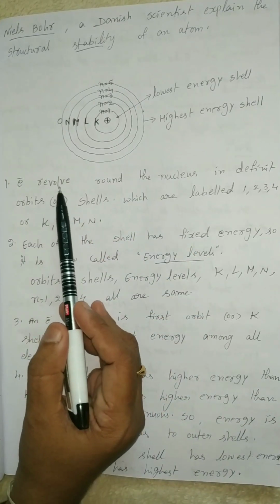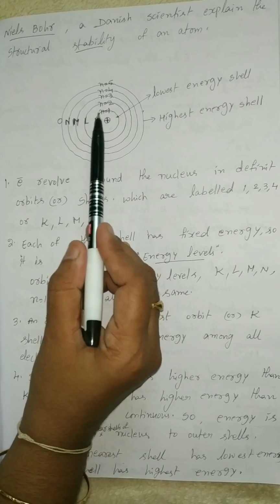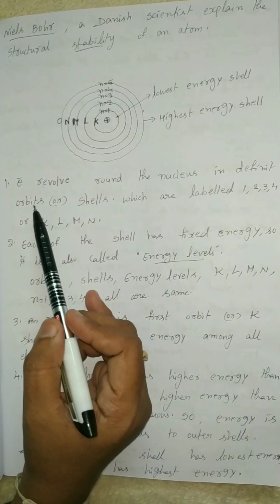So electrons revolve around the nucleus in definite orbits or shells.